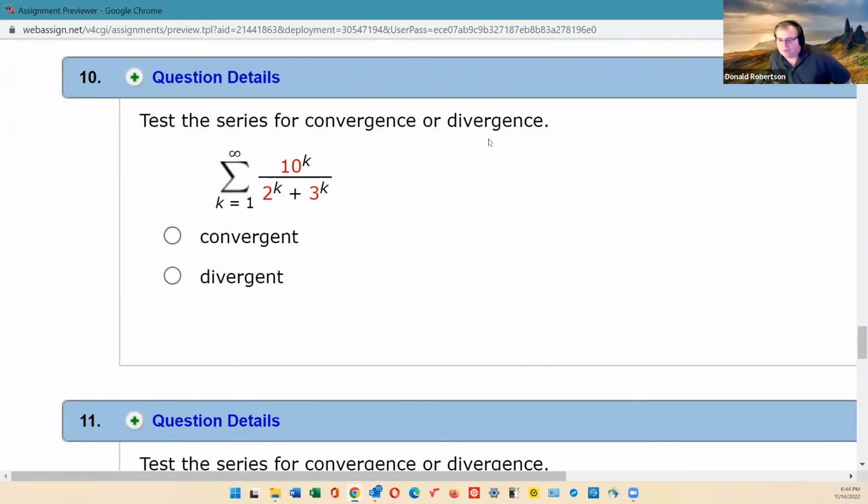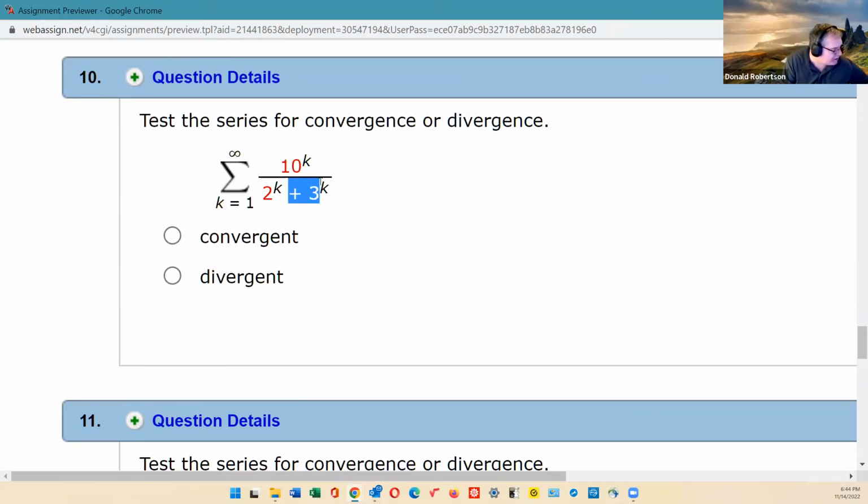Oh, there's a sneaky one. That is not a ratio test. And it's not a geometric series test as is, but it is a limit comparison test. Now, why is it not a geometric series test?